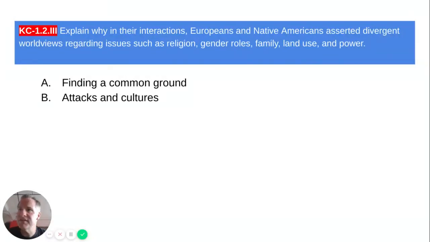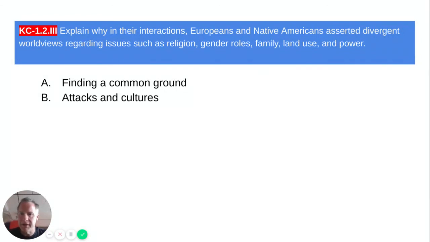But we will also see attacks on Native culture in a more passive way as European goods and European ideas begin to infiltrate Native American cultures, forcing adaptation and change to longstanding Native practices. And sometimes this passive cultural change will have as profound an impact on Native American cultures as the military attacks that were done by the European nations as well.